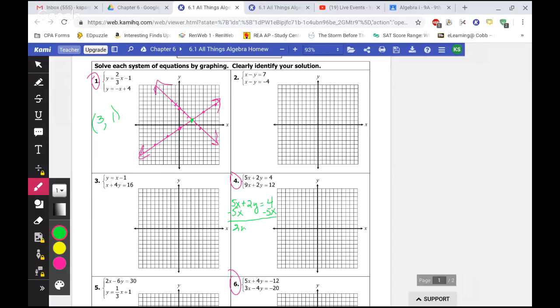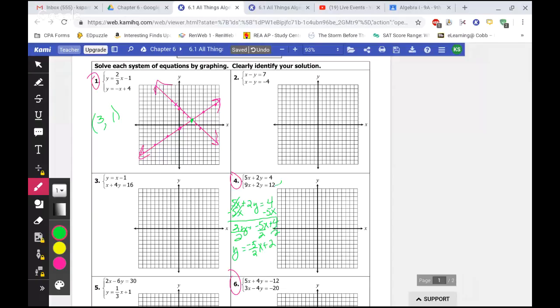So that gives me 2y equals negative 5x plus 4. Now I'm going to divide everything by 2. So that's going to give me y equals negative 5 over 2 x plus 2. So there's the first one.